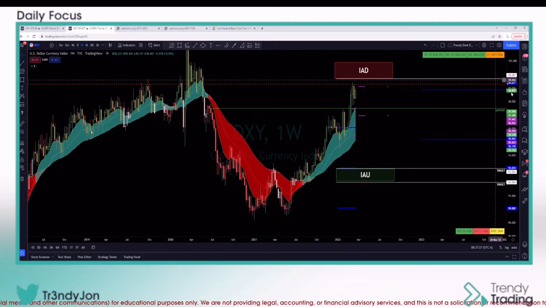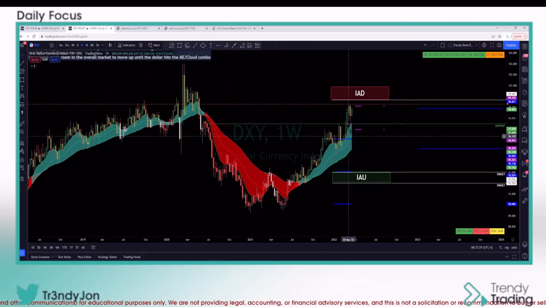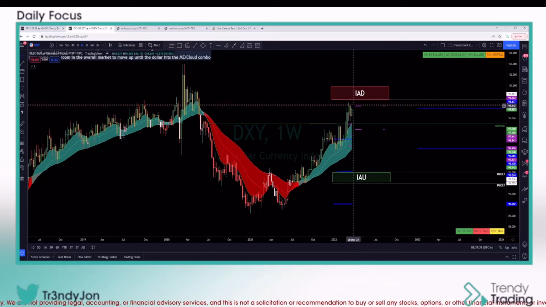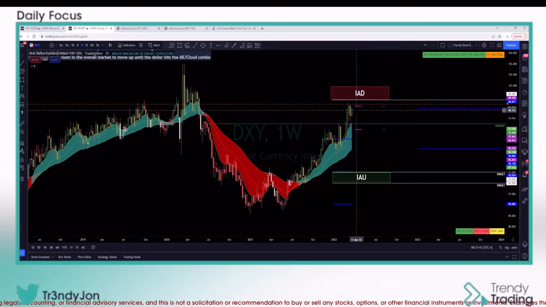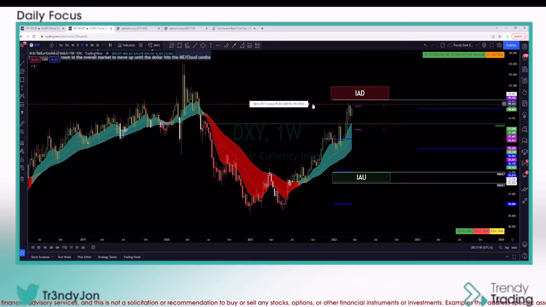All right. So as I said before, as price is pushing up into supply, I was looking for the market to start pushing up. And you could see as we got closer, the market continued to rip. And now we're making lower highs. So if we start to fade in the dollar, I think we can continue up in the market. If the dollar starts to push over this high, and I already have an alert here, so make sure you're still scanning the alerts there in the Trendy room.